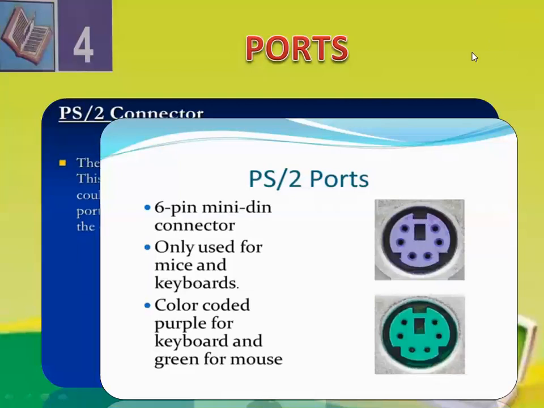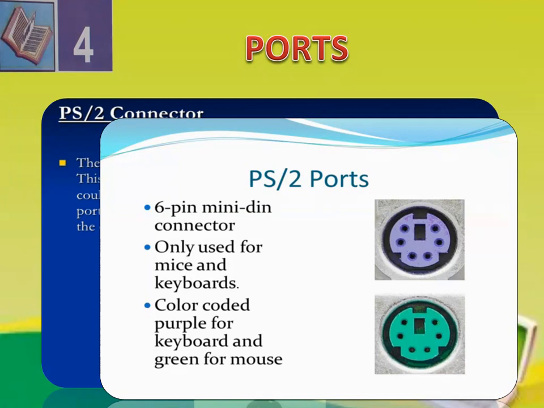The PS2 port is a 6-pin mini DIN connector, only used for mouse and keyboards, color coded purple for keyboard and green for mouse. Here you can check the PS2 port, and here the colors are there, the purple and the green. Purple is used for the keyboard and green is used for the mouse.